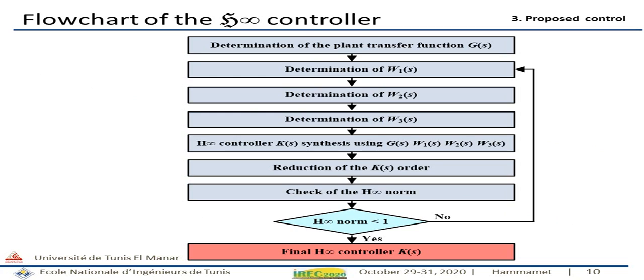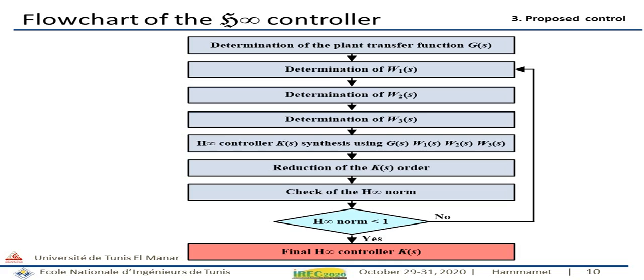The slide presents the flowchart of the H-infinity controller tuning. As shown in this flowchart, the first step consists in determining the system transfer function. After that, the first weighting function to be tuned is W1. Once this function was set, the weighting functions W2 and W3 can be determined successfully.